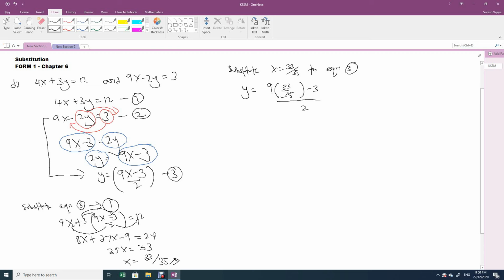So we will have 9 times 33, which is 297 over 35, minus 105 over 35, divided by 2, which gives 192 over 70.